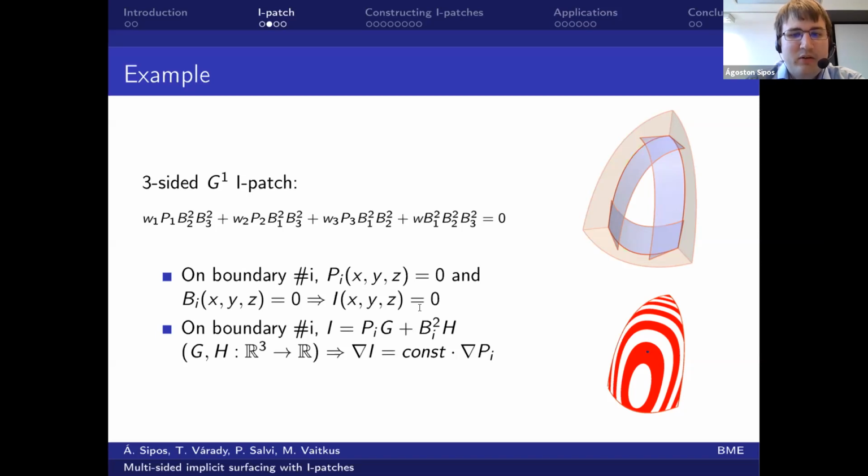So the patch equation will be 0, which means that we are on the isosurface. It can also be easily proved that the gradient is the same as the gradient of the primary surface times a constant multiplier.